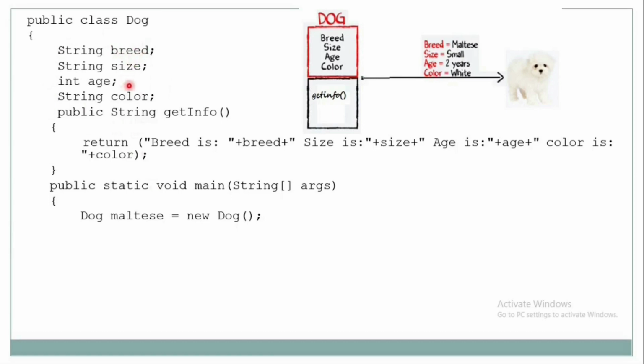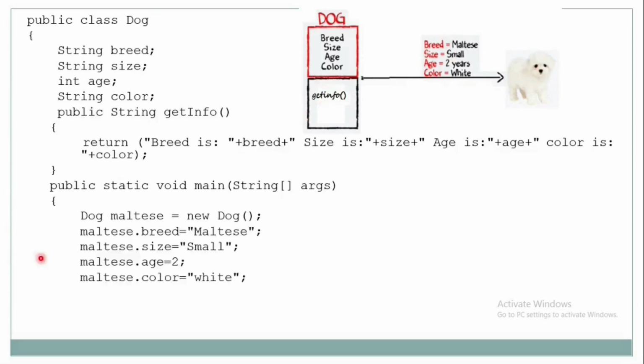To initialize these instance variables, you use the dot operator, that is, object name dot variable name. As you can see here, Maltese dot breed, Maltese dot size, Maltese dot age is equal to 2, and Maltese dot color is equal to white.